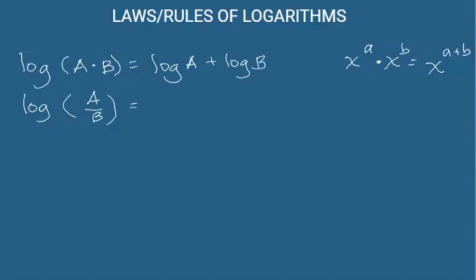In exponential, x raised to the a power over x raised to the b power, we subtract the exponents. So for logarithm, this would be the logarithm of a minus the logarithm of b.